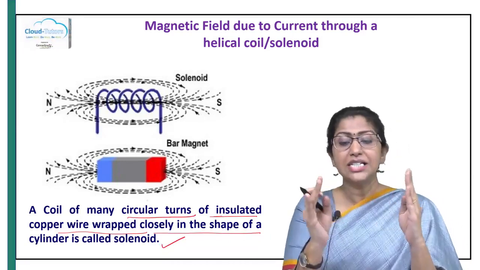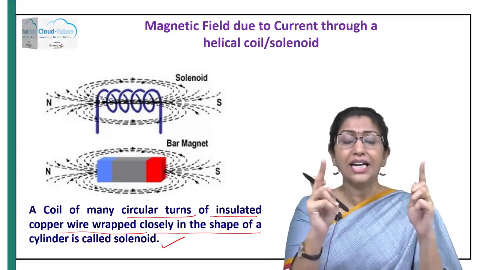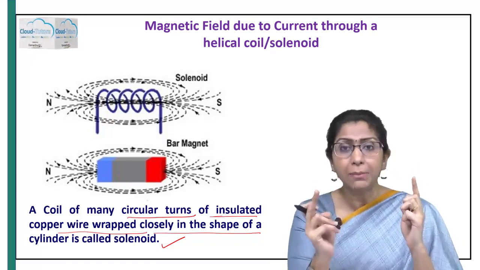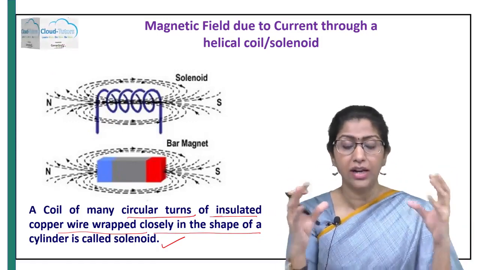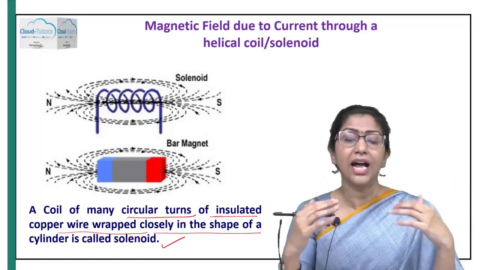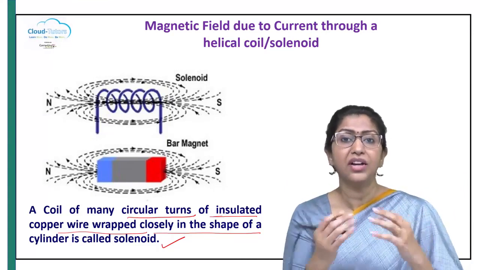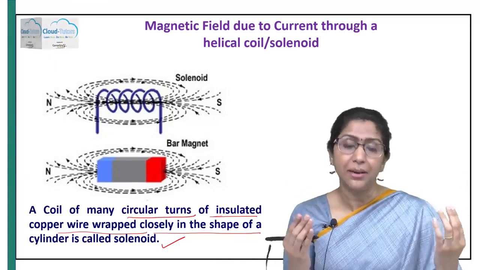Since a solenoid is in the shape of a cylinder, it exactly acts as a bar magnet. Why? Because the magnetic field induced around this kind of arrangement acts exactly like the magnetic field around a bar magnet.